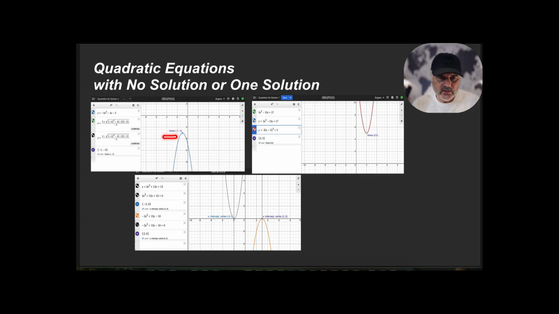Whether x is positive or negative is not relevant, but the y coordinate is negative. And conversely, when the parabola opens up, the x coordinate could be positive or negative, because you can have a location to the left or to the right, but the y coordinate of that vertex must be positive. So in this case, we have no x-intercepts. We have no 0 values.